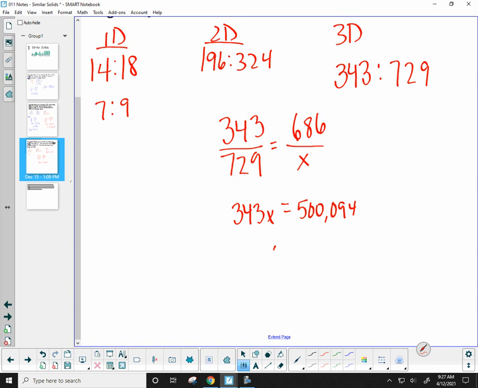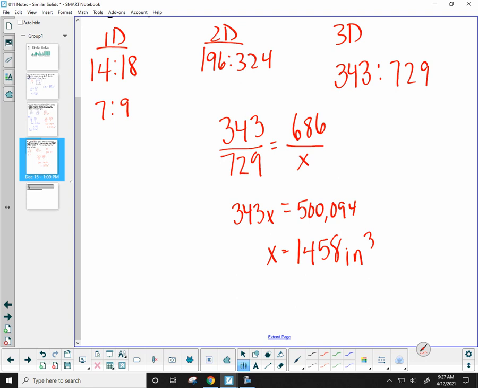When I divide by 343, I have 1,458, I think it was cubic inches for my volume. Is that okay? Yeah. Again, it's all about that ratio that we talked about on Friday. Making sure you're looking at the correct language.